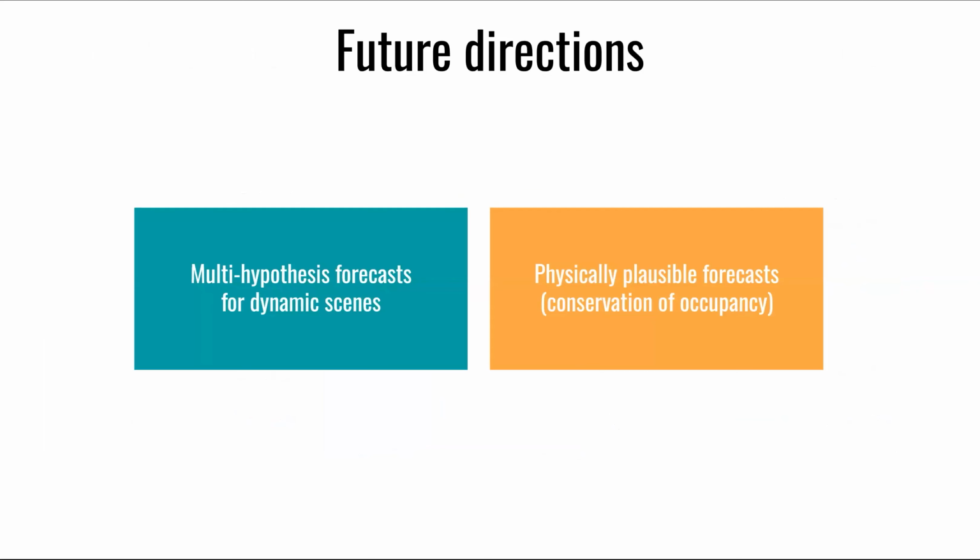Finally, in general, for occupancy forecasting, I think we still need to think about how to forecast multimodal futures while learning the driving dynamics, and then also tying in quantities like scene flow, which can be used to represent physical constraints like conservation laws for occupancy.